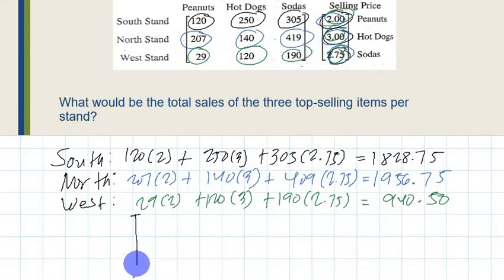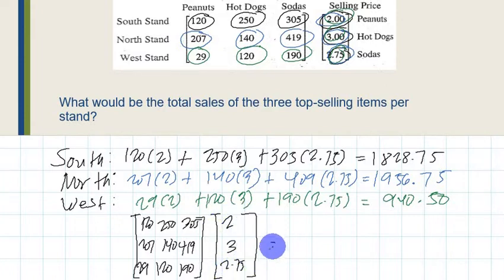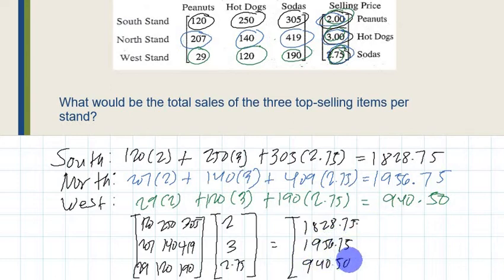Since we had matrices, let's express that in matrix form. So the first matrix, we actually had 120, 250, 305, 207, 140, 419, 29, 120, 190. Then we had to multiply by $2, $3, and $2.75, resulting in the total sales of 1,828.75, 1,956.75, and 940.50.